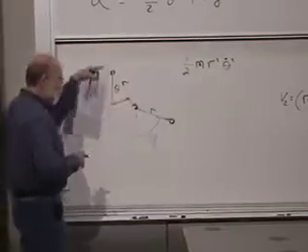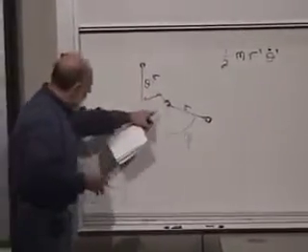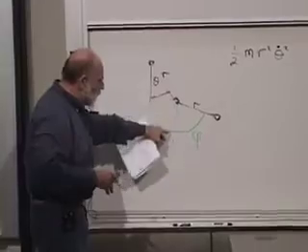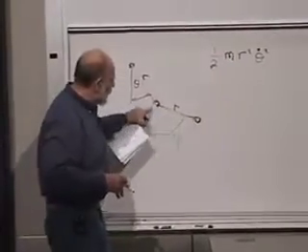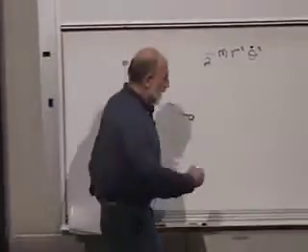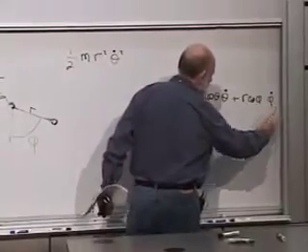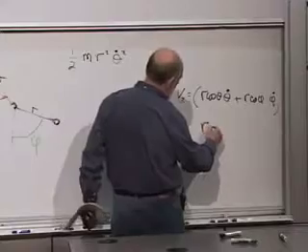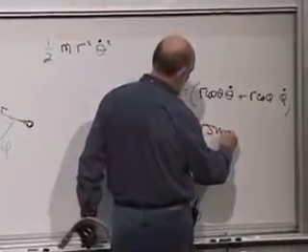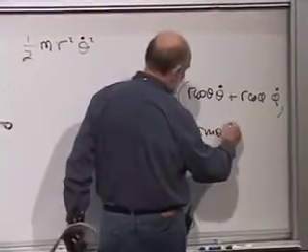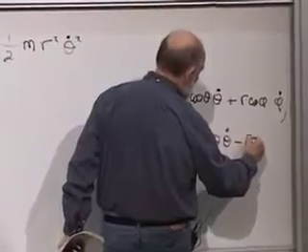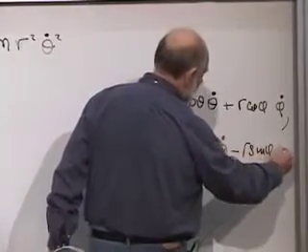Now what about the y component? Exactly the same thing. Bob has some y motion, and Herman has some y motion relative to Bob. So this is the x component, and the y component would be minus r sine theta times theta dot, minus r sine of phi times phi dot.